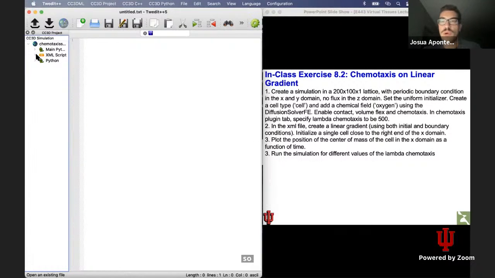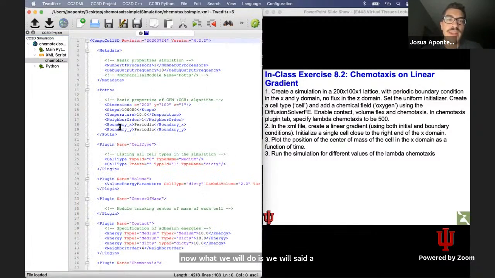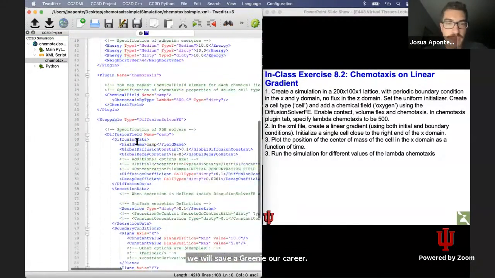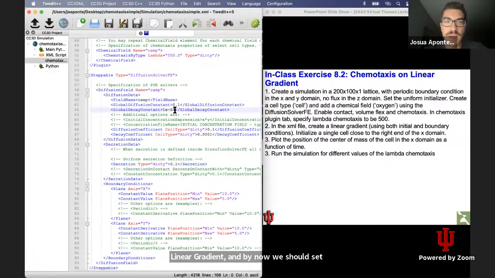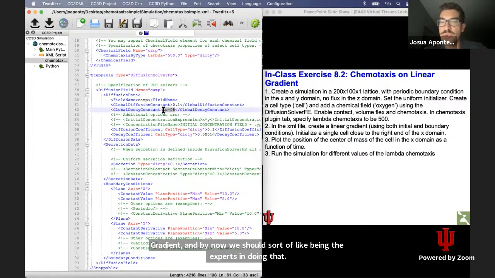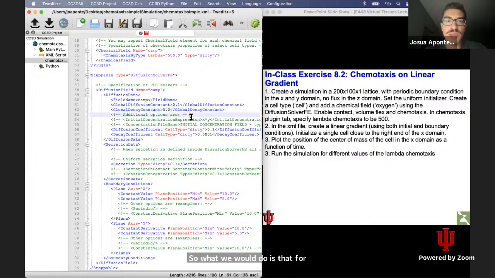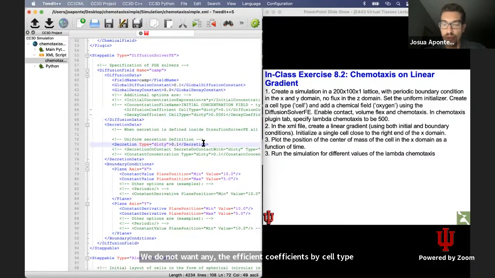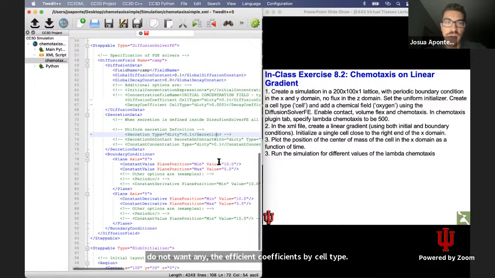Now we will set a linear gradient, and by now we should be experts in doing that. For linear gradients, we cannot have any decay. We do not want any diffusion coefficients by cell type. We do not want any secretion.